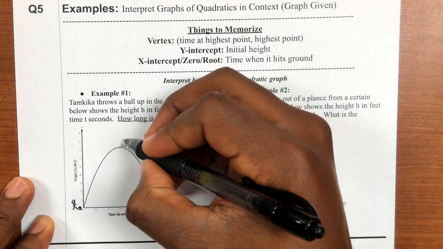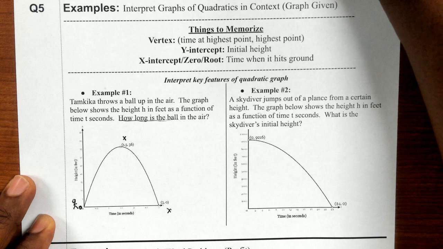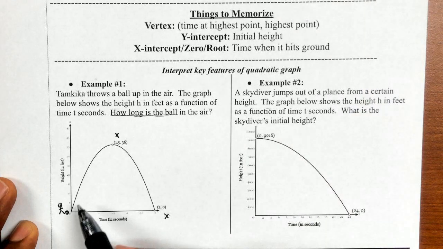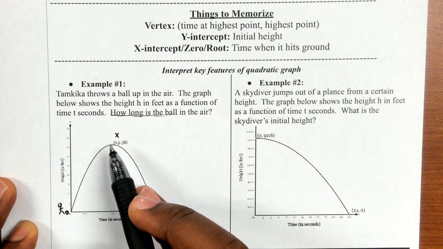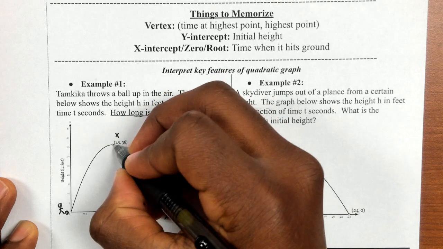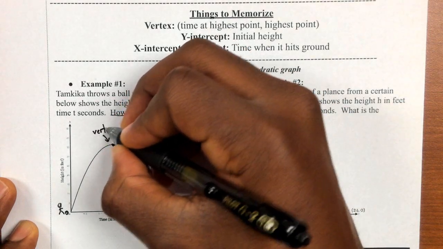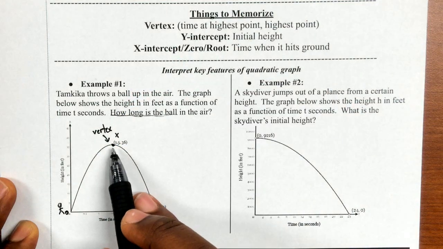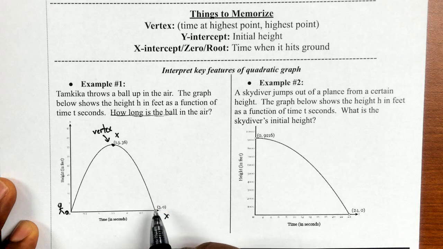So this x right here is 1.5. But the ball gets to its highest point, which we can call our vertex. This highest point right here is called your vertex. But then it starts to go down, right back to the ground.